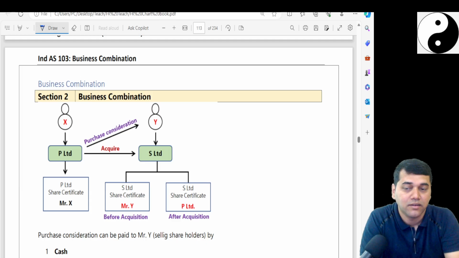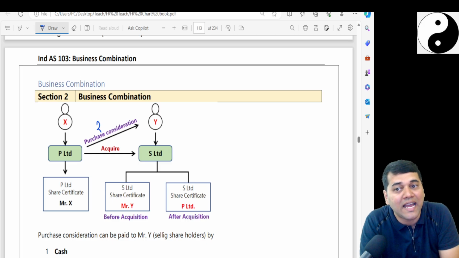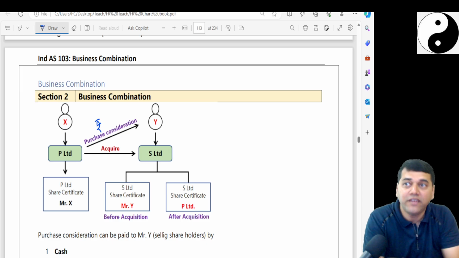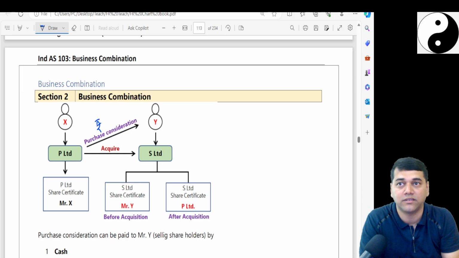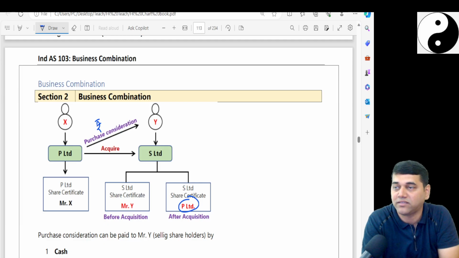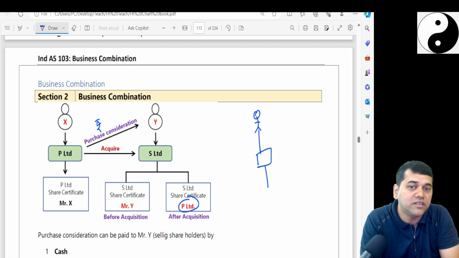When we say P acquired S, from P's balance sheet, not Mr. X's, from P's bank account, the cash goes to Y, and Y will give his share certificate in return. So going forward, in the S Limited share certificate, after acquisition, P Limited's name is going to come, not X's name. Understood this? So the structure will be Mr. X here, P here, S here.